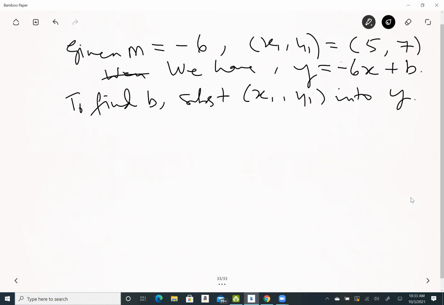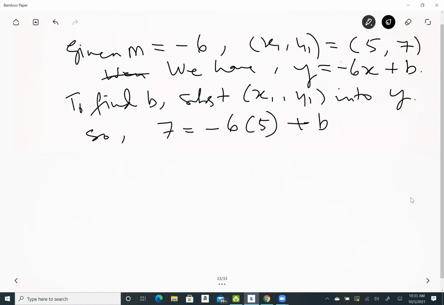So the slope is already given. By doing the substitution, you got 7 equal to negative 6, multiplied by the value of x, which is 5, plus b.